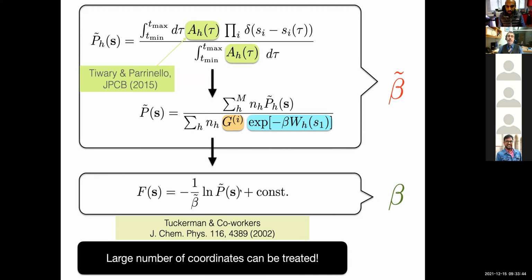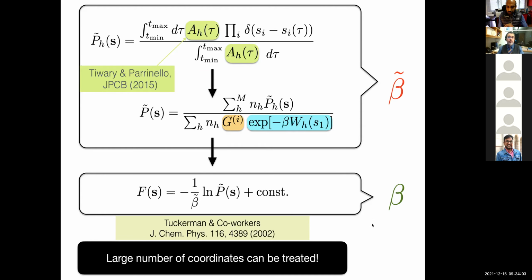From there, again, you can use this equation which Mark has already shown, to get the distribution of the collective variables at high temperature to the low temperature. So you can easily get this simple expression to get the free energy at the physical temperature.